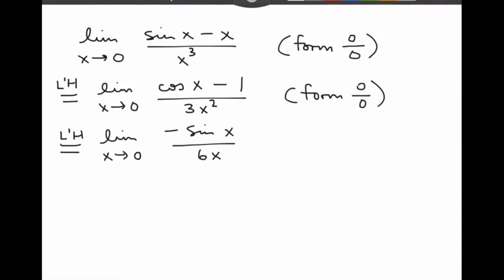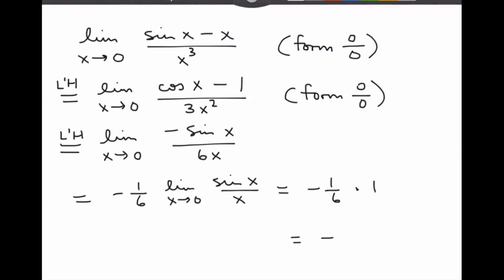And instead of using L'Hopital's rule again, I'm just going to point out to you that you can pull a negative 1/6 out front here, which leaves you with our old friend sine x over x as x approaches 0. So instead of using L'Hopital's rule again, I'll just point out that I already know that limit is 1. And therefore, this limit comes out to negative 1/6.